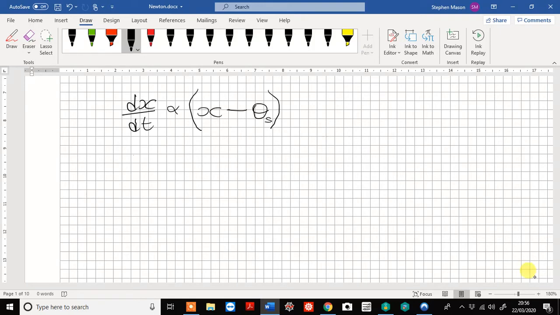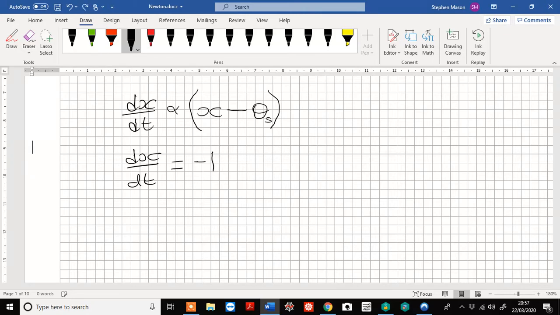So we write down dx by dt again, and we put that equal to something. Now, as I said before, if something is cooling down, it's got a negative temperature gradient. If something is heating up, it's got a positive temperature gradient. In this case, it's cooling down, so we're going to have a negative temperature gradient, and that is characterized by the negative sign there and a constant of proportionality, k.